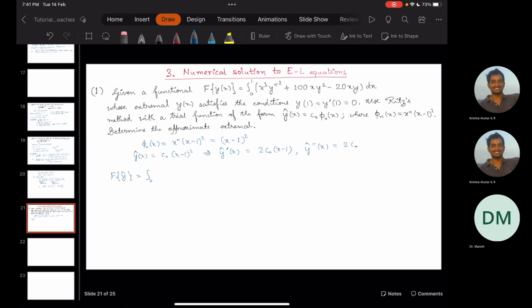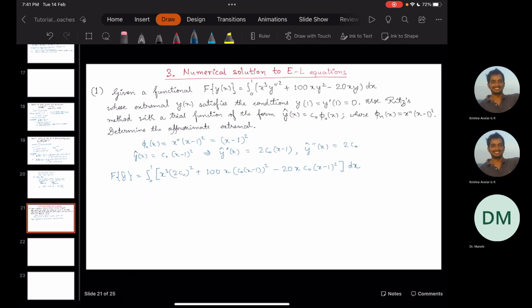So we'll write it as the integral from 0 to 1 of x cubed, y double prime gives us (2 c naught) squared, plus 100 x, and y hat is c naught (x minus 1) squared, minus 20 x c naught (x minus 1) squared, integrated.